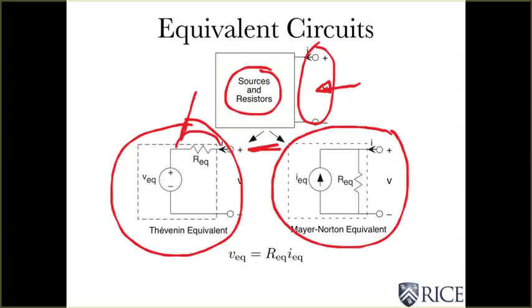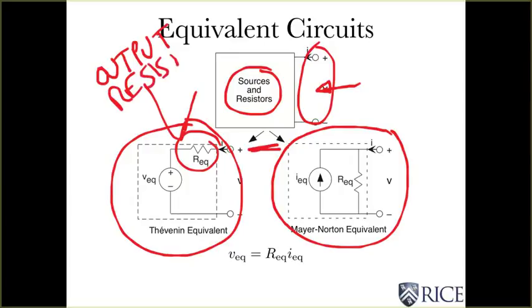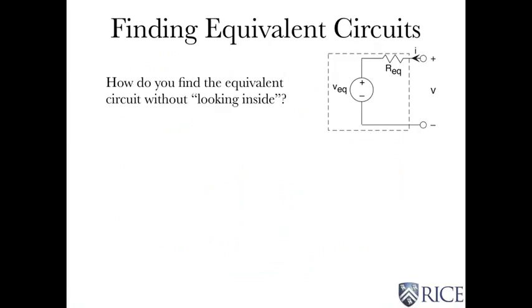This equivalent resistance is sometimes called the output resistance, and we'll see that this is an important quantity in just a second. Now, this equation ties these two equivalent circuits together, so that VEQ is REQ times IEQ. So if you find one, you've got all you need to find the other. No problem.